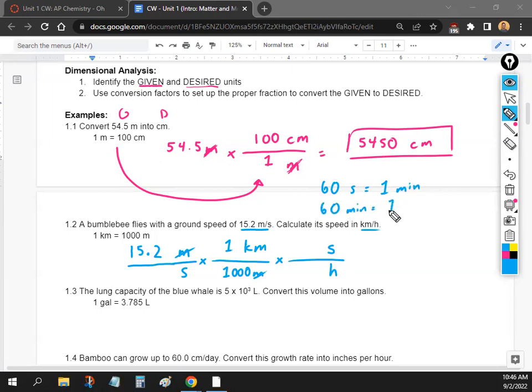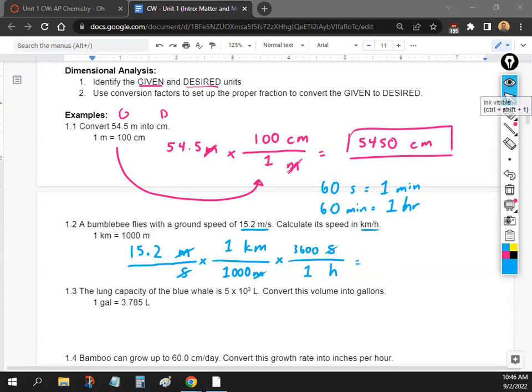Yeah, so you're going to have to do 60 times 60, so 3,600. You want to do 3,600 seconds in 1 hour. You could have actually done this with 2 fractions if you wanted to. You could have done seconds to minutes, and then minutes to hours. You could do it that way as well, but I like doing 1-step processes, so this works as well.